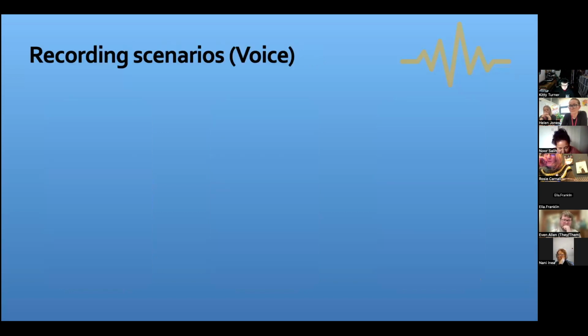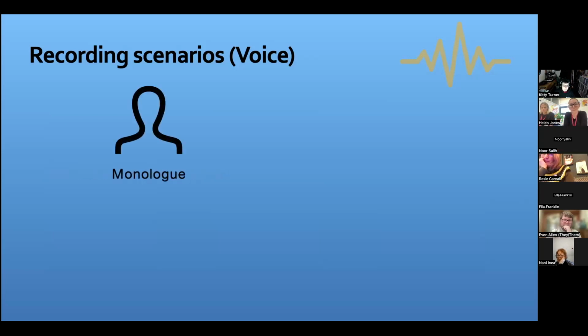Okay. All right, so we talked about some of the other ingredients. Let's talk about the recording scenarios now of voice recordings. So, first of all, before we talk about monologue recordings, if at all possible, it is best to aim to have a separate recording for each person who's speaking.